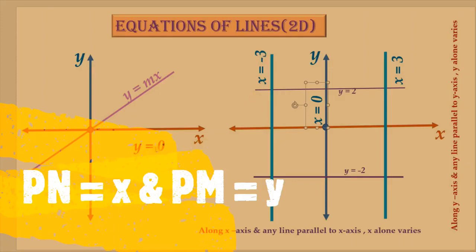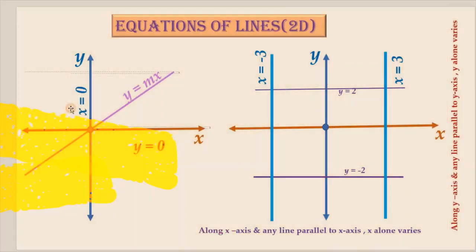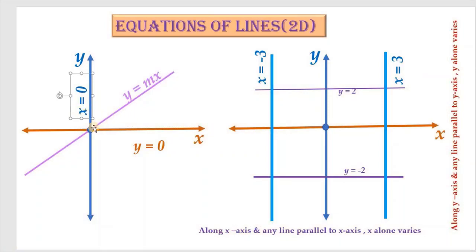So the x-axis equation is y = 0, and the y-axis equation is x = 0. Any line making some angle with the positive direction of the x-axis is y = mx, lines parallel to the x-axis mean y = constant, and parallel to the y-axis mean x = constant.